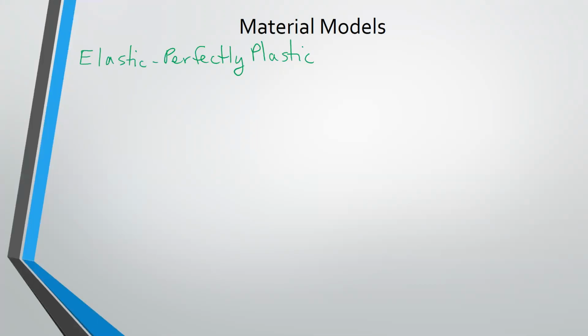So if we look at the elastic perfectly plastic behavior, that is a material that starts out linearly elastic. So we have a linear region here with a slope of E. That's our modulus of elasticity value. And then when we get to our yield stress, sigma capital Y, it performs in a manner that we call perfectly plastic, which means it elongates with no additional stress gain.